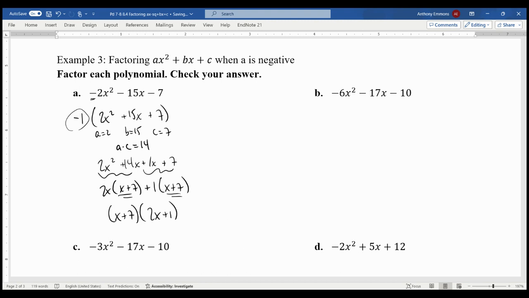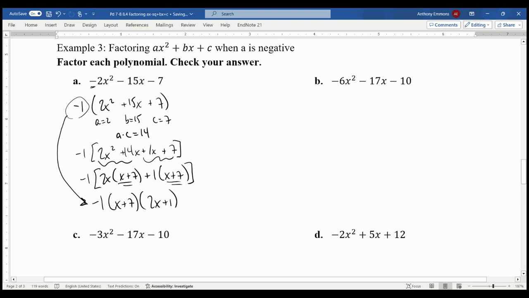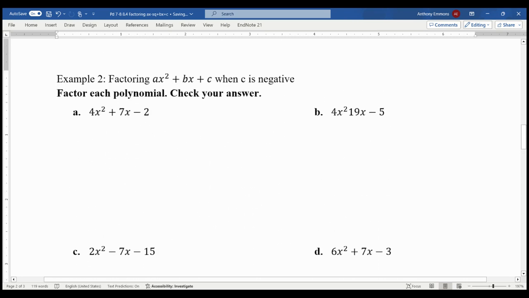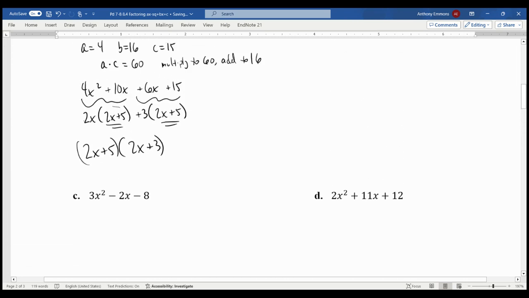We could have rewritten it every single time, negative 1, or in the end, just don't lose track of it. It does need to be a part of your final answer. So negative 1 times the quantity x plus 7 times the quantity 2x plus 1 would be your final answer there. We'll go over the rest of these in class, get some work shown, and that's that.